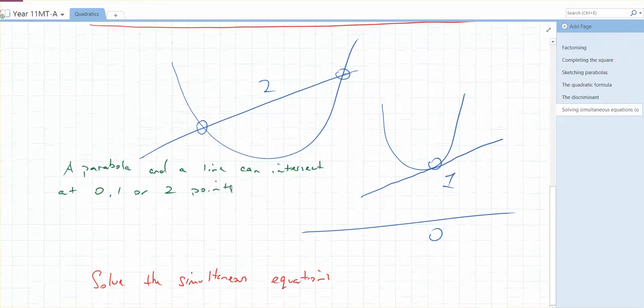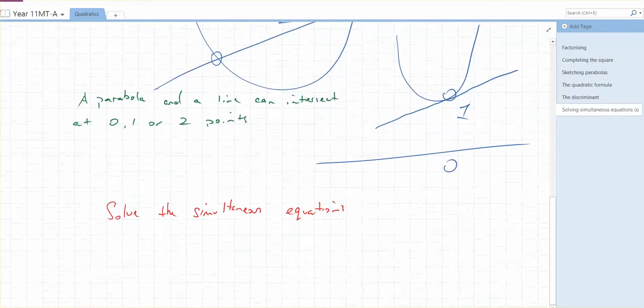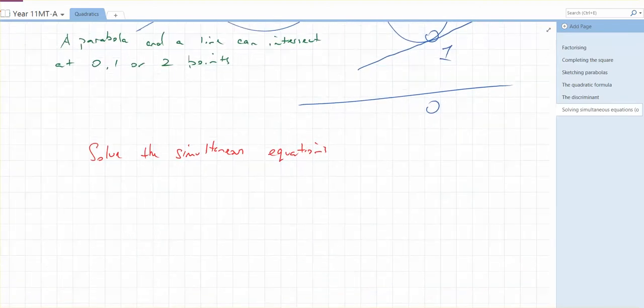And we've had a look at the demonstration: 2 points, 1 point, 0 points. Right, so let's go back to the example.